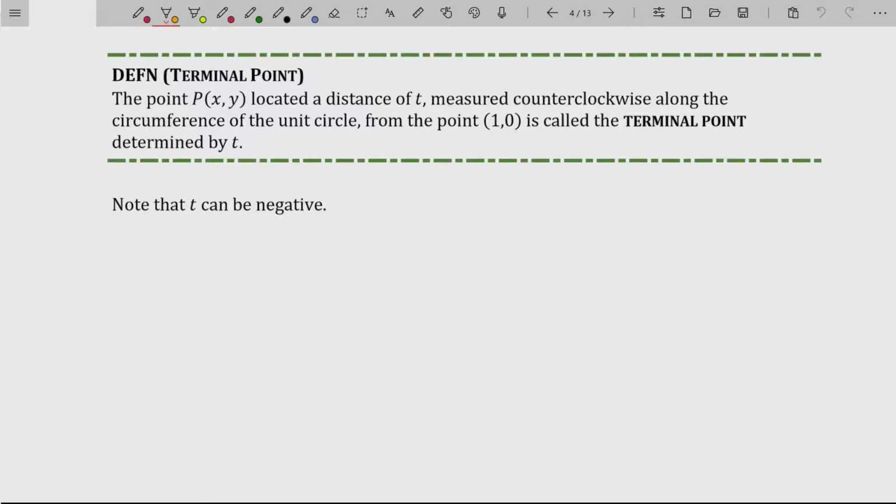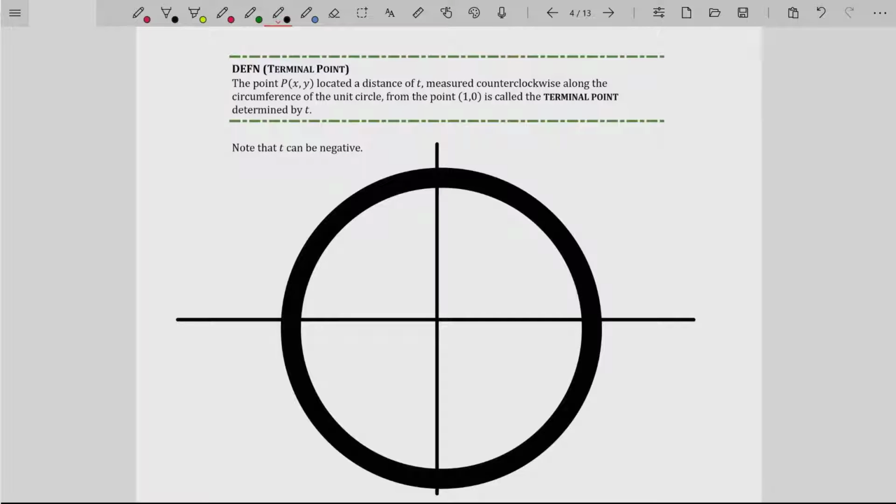So let's go ahead and throw a picture on here. Notice that this is a very large circle. I just wanted to be kind of complete here. And so we're going to plot a point on there. Maybe I'll do it way over here, right there. And I'll label that point also in red, P, which is x comma y.